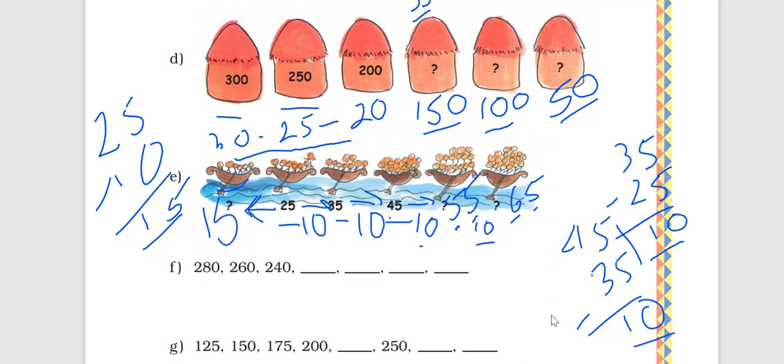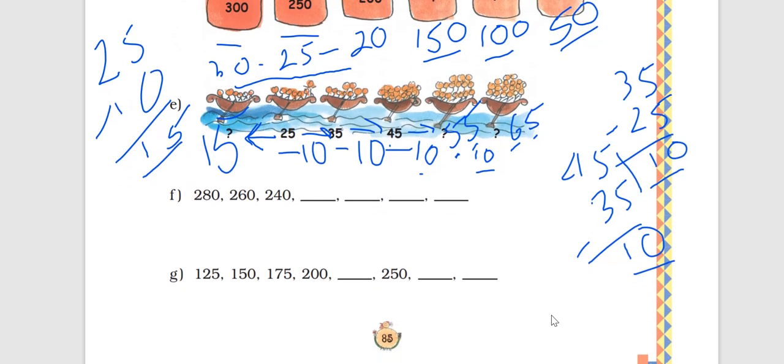Okay, the next one is 280, 260, 240. So how many tens do we have here? 28, 26 and 24 tens respectively. So over here we'll get 22. It's decreasing by 2 each time as we go forward.